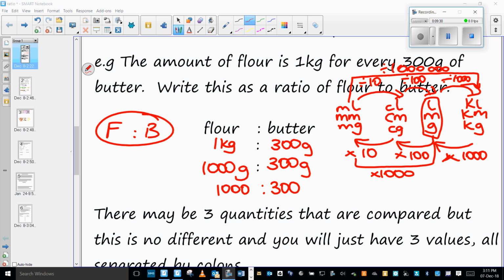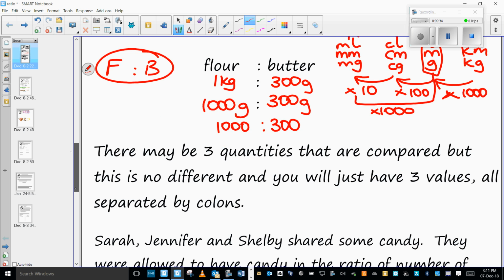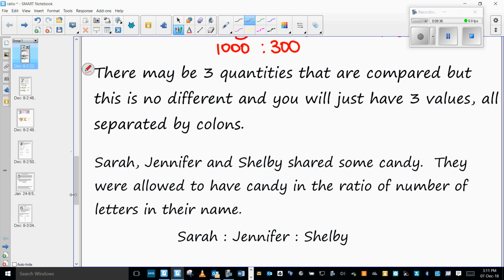So that's if they're in different units. There might be 3 quantities that are compared, but it just means that you're going to be looking at 3 things and making sure that they're all in the same unit. So, Sarah, Jennifer and Shelby shared some candy. They were allowed to have the candy in a ratio of the number of letters in their name.